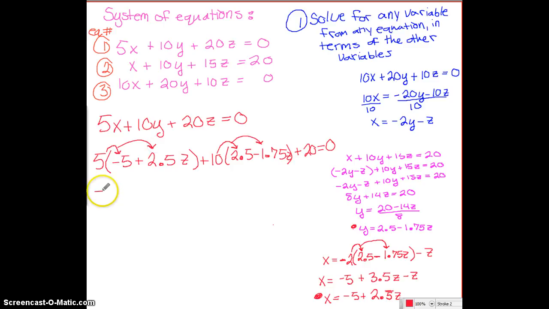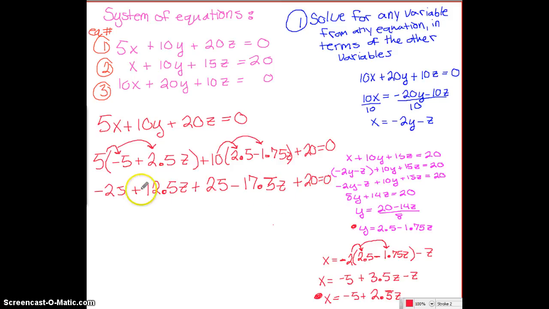So we have 5 times negative 5, that's going to be negative 25, plus 5 times 2.5z, that's going to be 12.5z, plus 10 times 2.5, that's going to be 25, minus 10 times negative 1.75z, that's going to be 17.5z, and then we have plus 20z on the end. And that's all equal to 0.